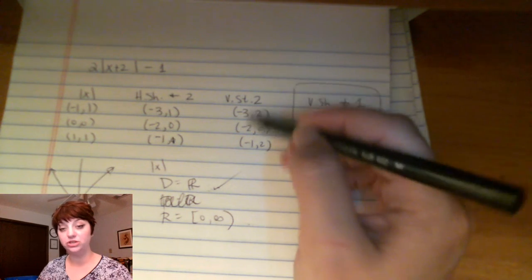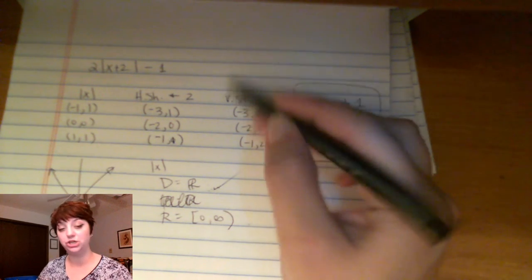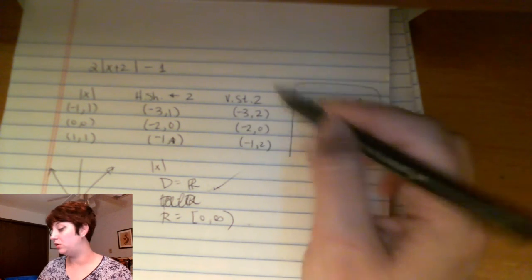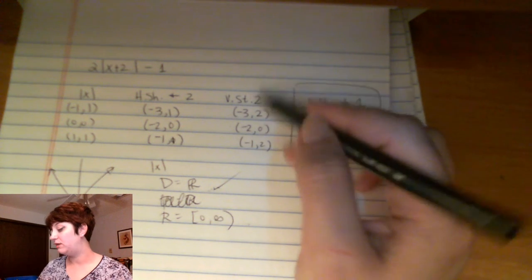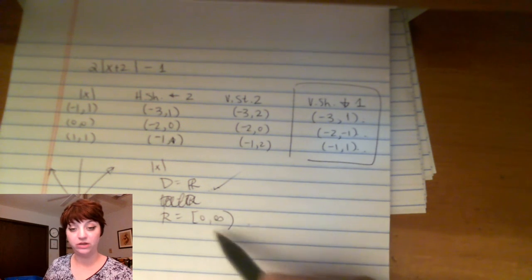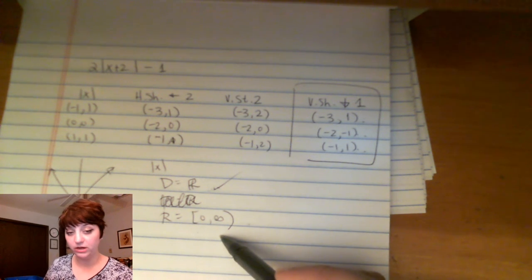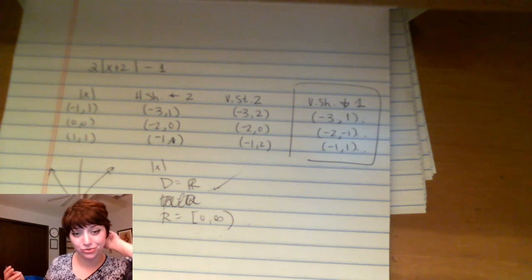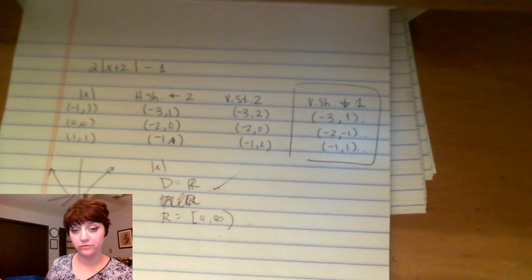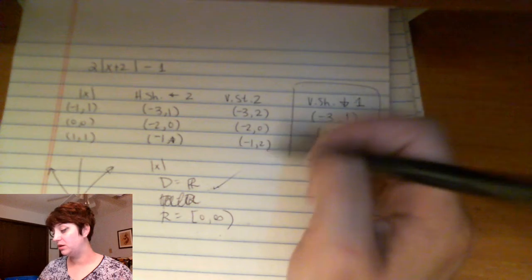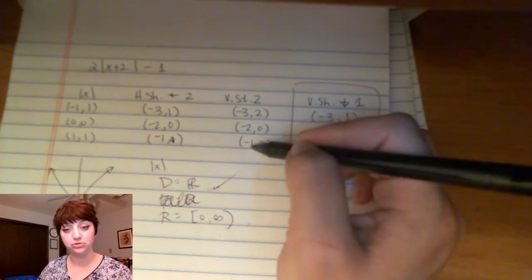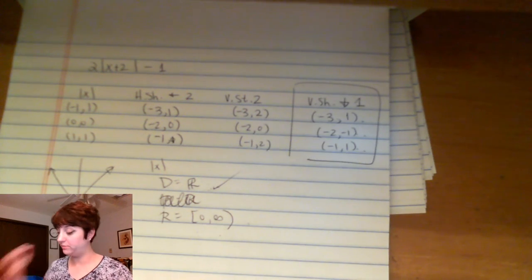Vertical stretch by 2. All right, so this is stuff that's changing Y values now. If I go from 0 to infinity, I multiply 2 by 0, I still get 0. But if I multiply infinity by 2, whatever that means to do, I'm still going to go up to infinity. So this transformation does not affect my range. Okay.